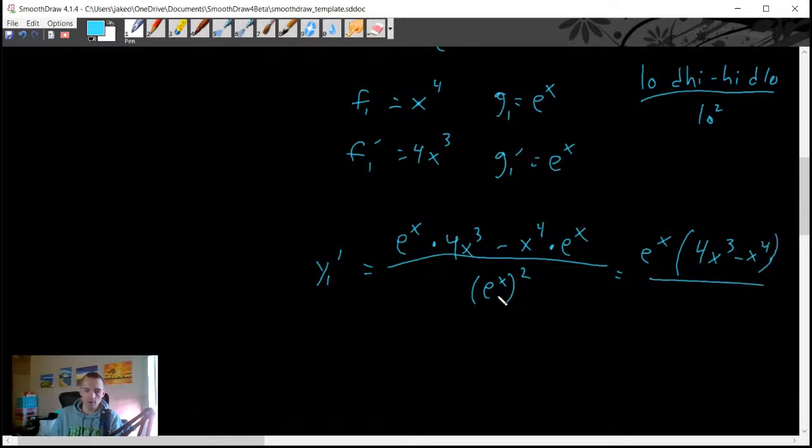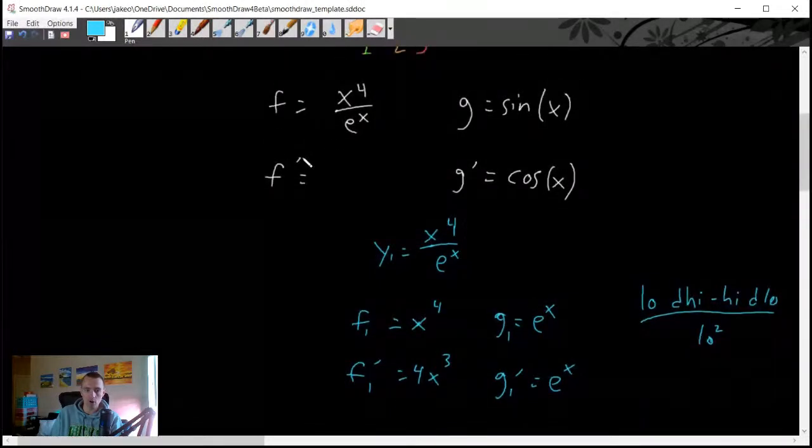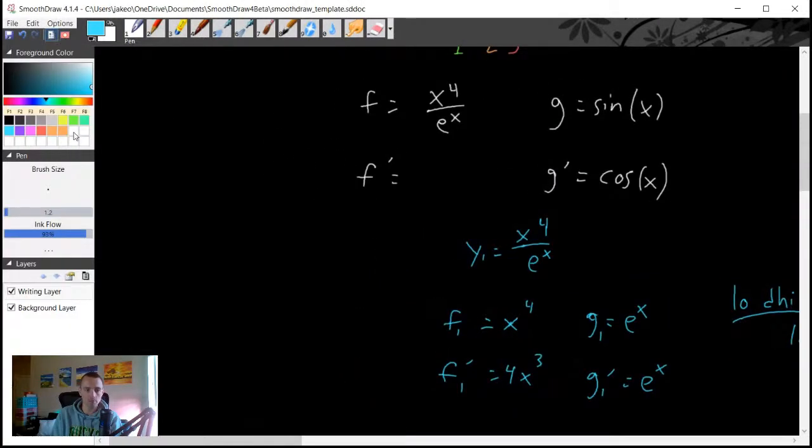And then on the bottom here, we have e to the x all squared. So the top and the bottom of this fraction have an e to the x term. So this e to the x is going to cancel with one of the e to the x's down here, just leaving us with e to the x. So this whole thing will simplify down to 4x cubed minus x to the fourth all over e to the x. And like I said, that is going to be our product rule f prime up here.